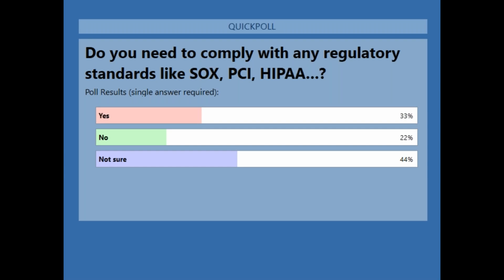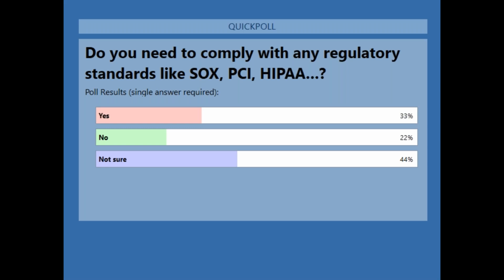So 33% of you looks like are having to observe some sort of regulatory standards for your security. Some of these standards, PCI introduced new requirements this last year, requiring new pen testing standards and frequency. I know that gaming had these introduced this last year.